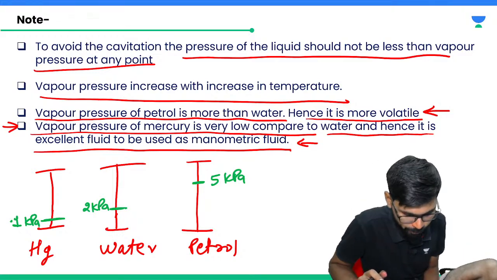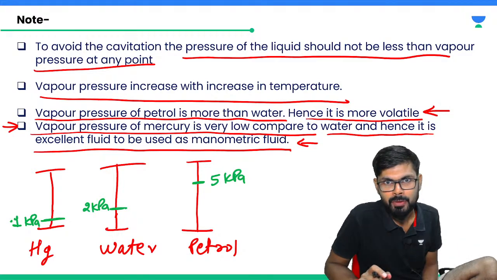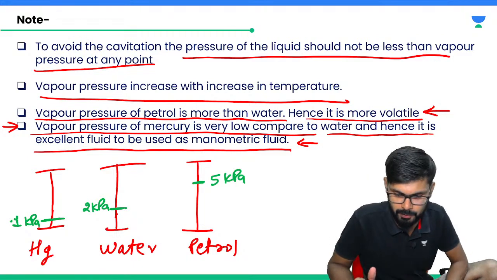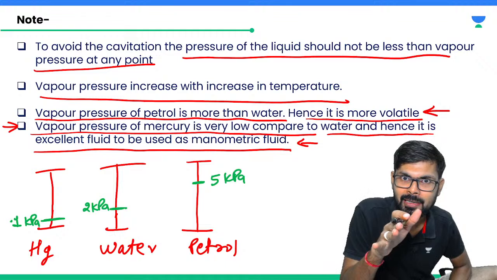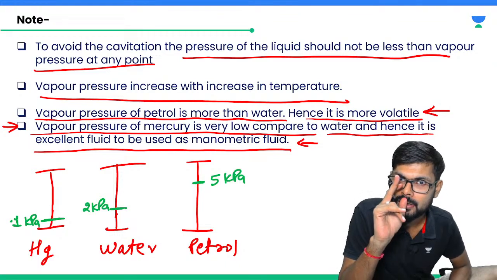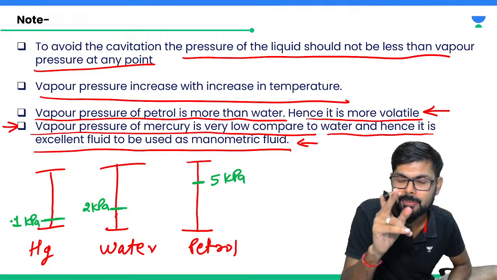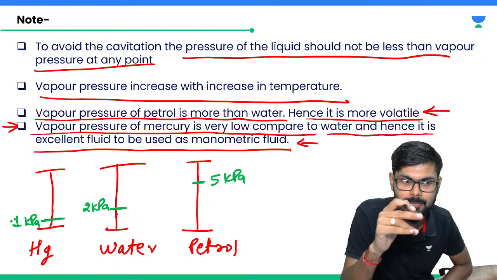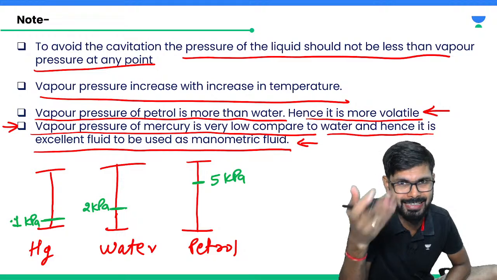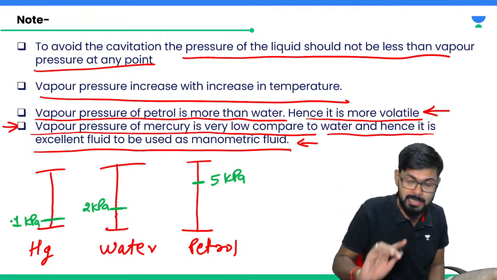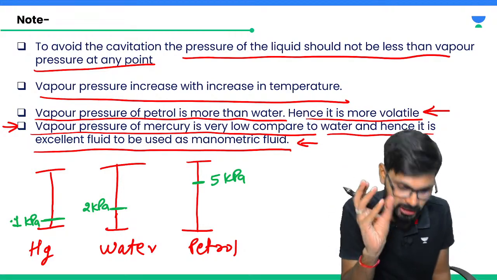Now please listen here. If pressure is less than vapor pressure, then bubbles will form, and it will volatilize. Now suppose actual pressure is 3 kilopascal.